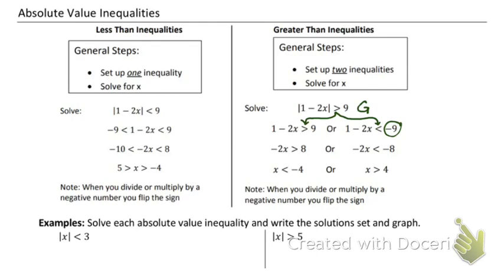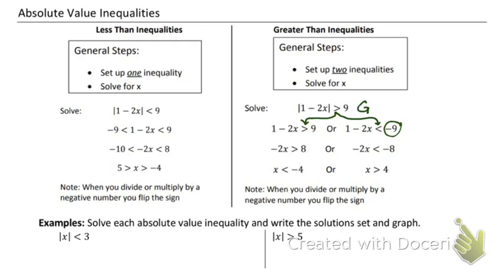And then you're going to put an or statement between it. So greater than is an or statement. Once again, greater than is an or statement. It's either in this one or it's in this one. So if we keep going down and solve both sides, we'll see that x is less than negative 4 or x is bigger than 4.